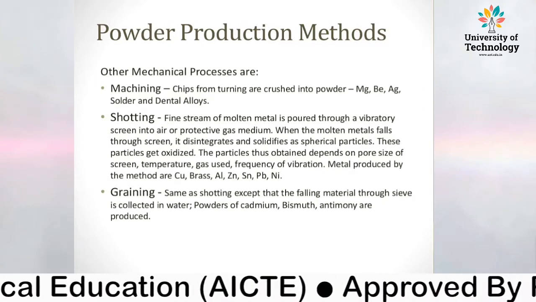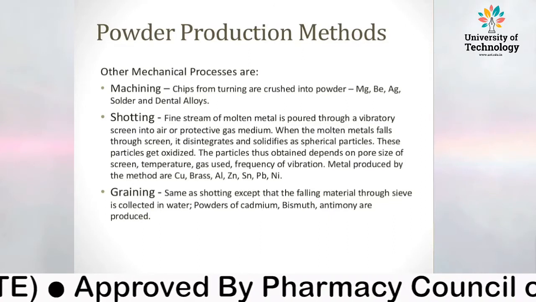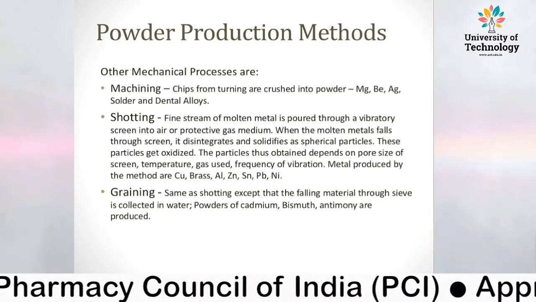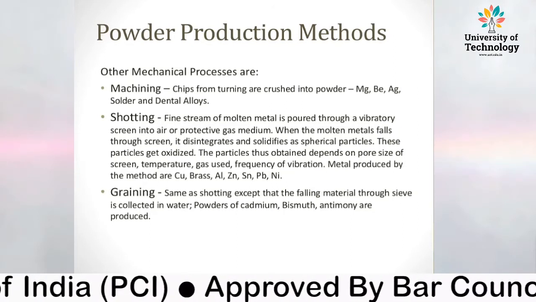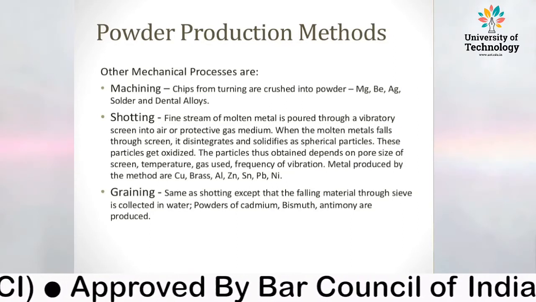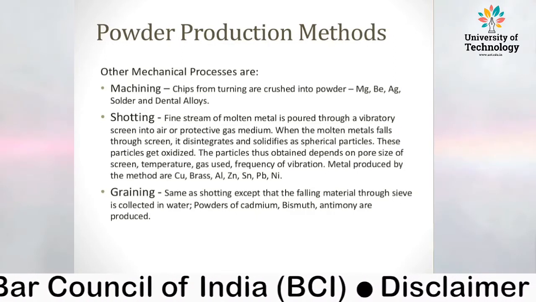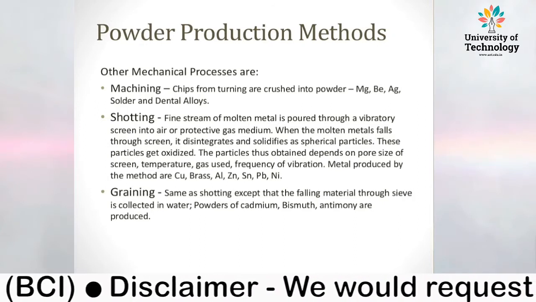These particles get oxidized. The particles thus obtained depend on pore size of screen, temperature, gas used, and frequency of vibration. Metals produced by the method are copper, brass, aluminum, zinc, tin, lead, nickel, etc.